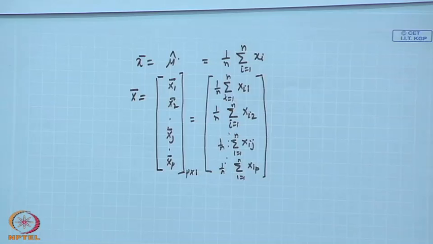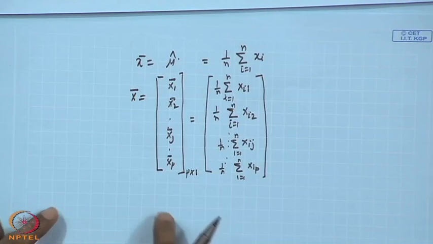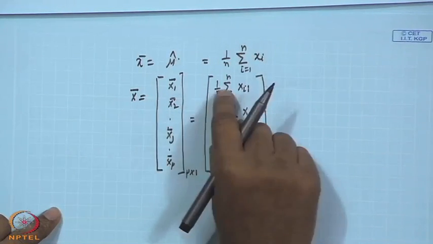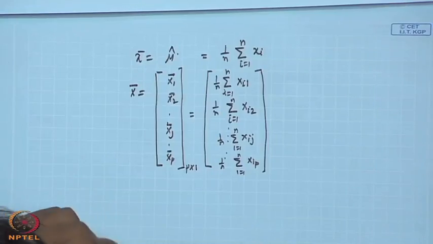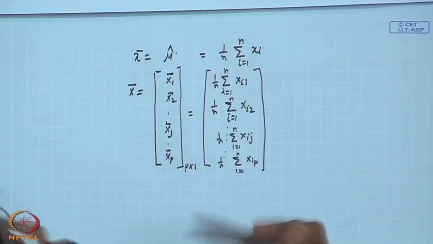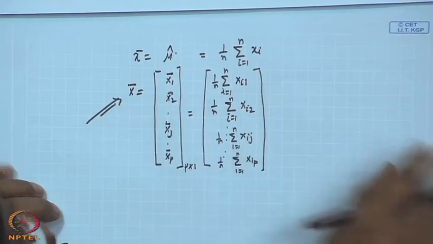Okay. So, we will not go for individual mean or average calculation. Instead, we want to do matrix calculation, that is, matrix algebra calculation. In order to calculate this x bar, we will take the data matrix first.